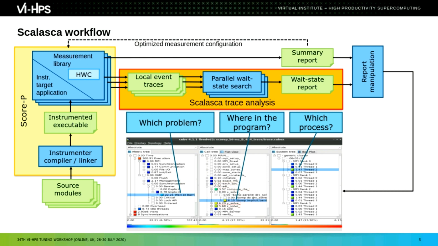So this diagram here is an attempt to show how Score-P and Scalasca fit together. We've already seen how Score-P takes the source modules, the source code, works with the compiler and linker to make sure that those are instrumented and the Score-P libraries for measurement are linked in with the executable.